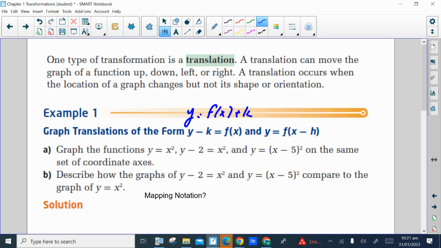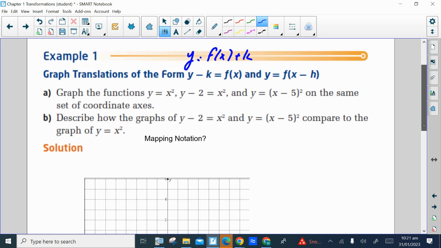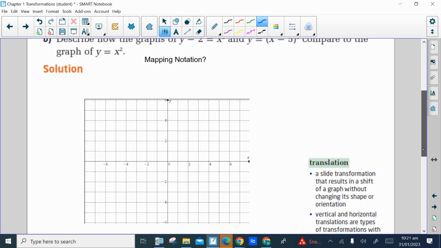We'll start by graphing y equals x squared. We'll do y minus 2 equals x squared and y equals (x minus 5) all squared on the same set of coordinate axes. So we'll do all three of those. We'll describe how the graphs compare to the graph of y equals x squared, and we'll also talk about what the mapping notation would look like.